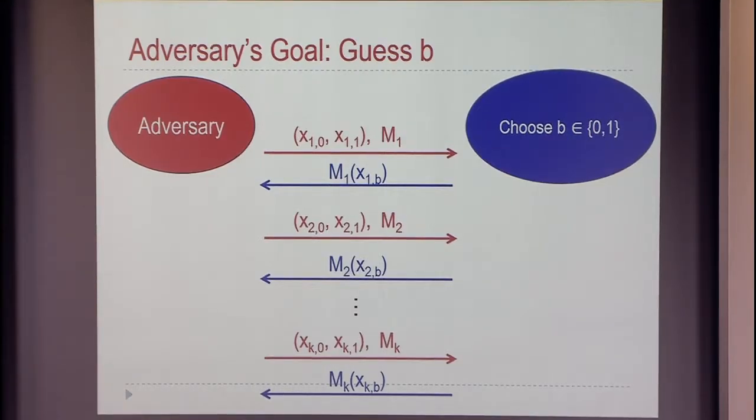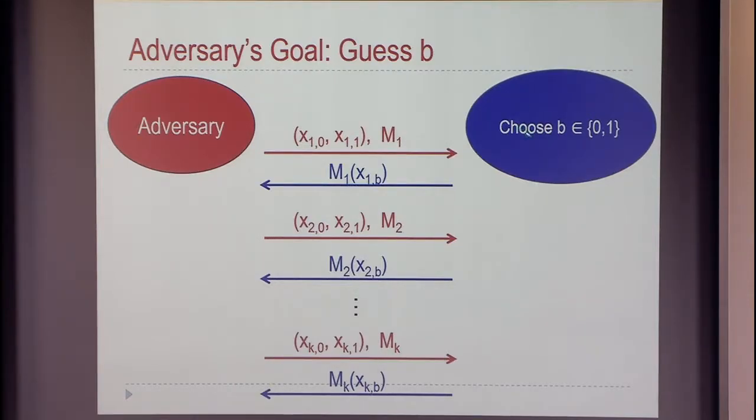We are going to play a game in which, let's say, a curator is going to first flip a coin, get a value of 0 or 1. And then the adversary is going to do the following. The adversary will present to the curator a pair of databases of the adversary's choice. This is the first pair. That's why the first index here is a 1. And a mechanism M1.